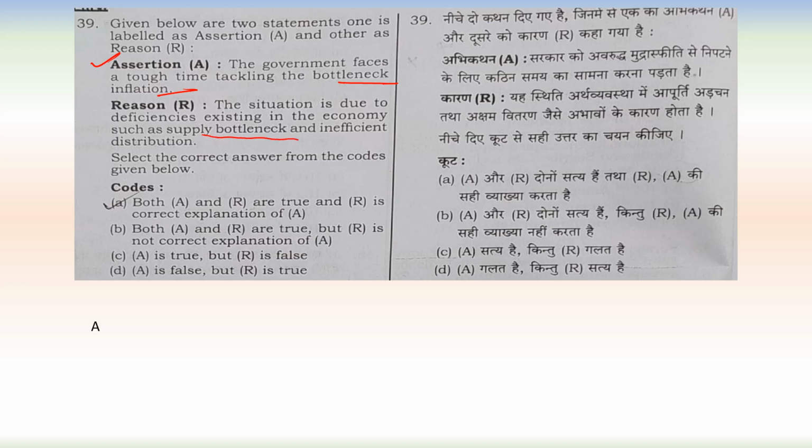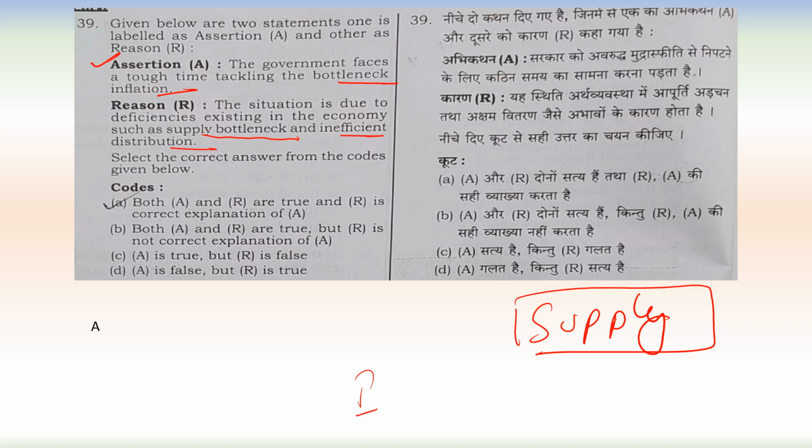Yes, if there is a supply bottleneck and inefficient distribution, then supply will eventually be hampered. So supply will be constrained.